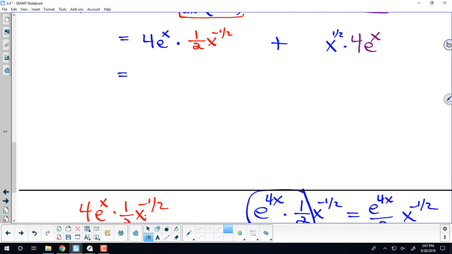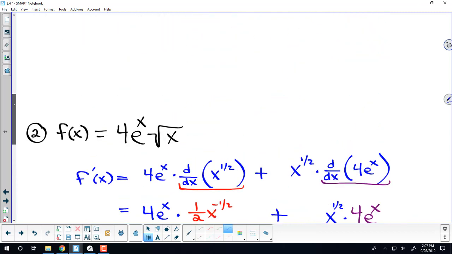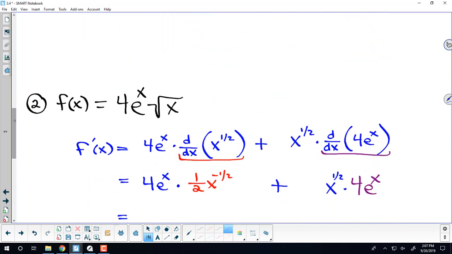So depending on how you wrote it, some people said the function consists of a constant times one function of x times a second function of x. So the constant times the function of x can be pulled out. Just take the 4 out and call your first e to the x and second root x and take the product rule of that, and then multiply your 4 in. It's all the same.